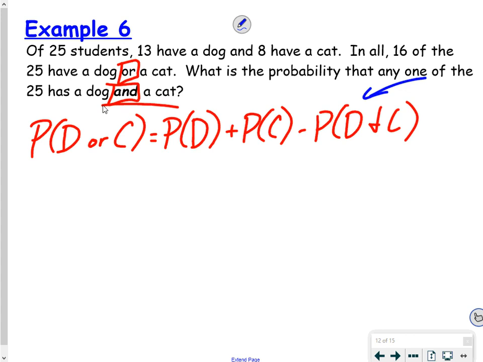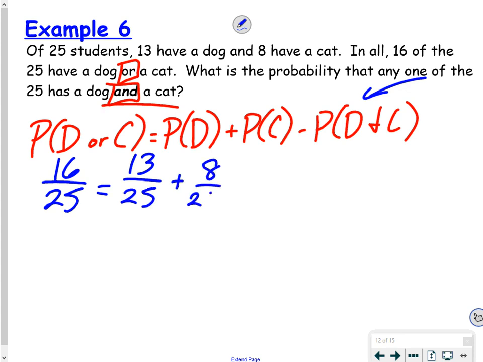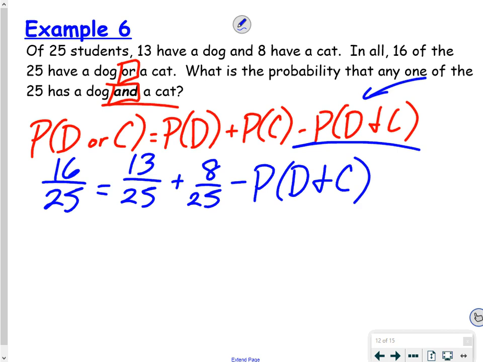So just from the problem, let's fill this stuff in. 16 of the 25 have a dog or a cat. 13 have a dog. 8 have a cat. And then we're just figuring out the probability that they have a dog and a cat. We can just add these up. We get 21.